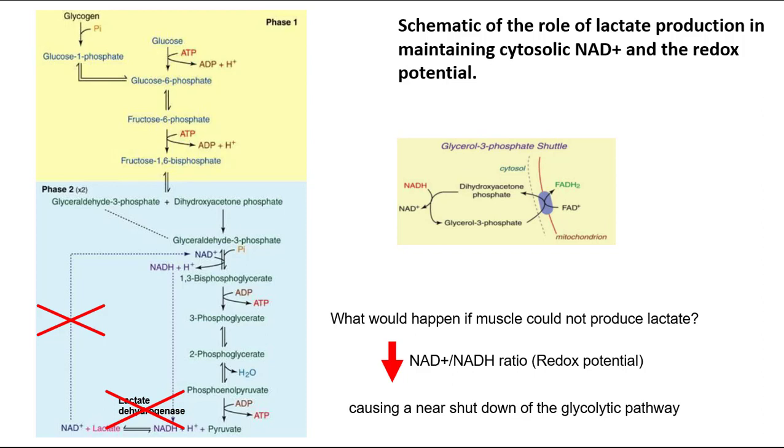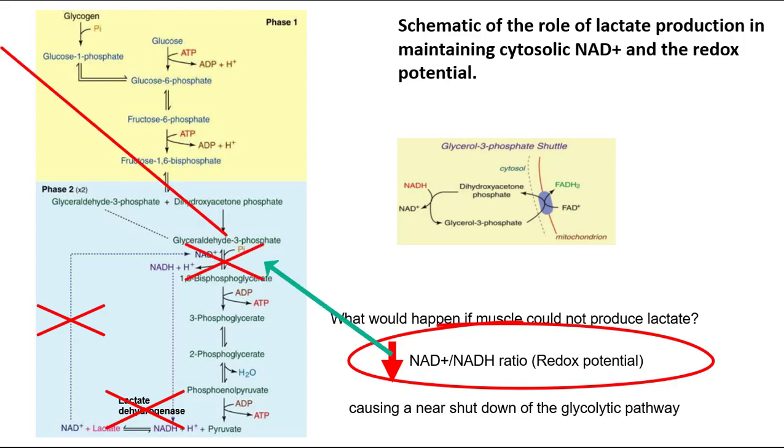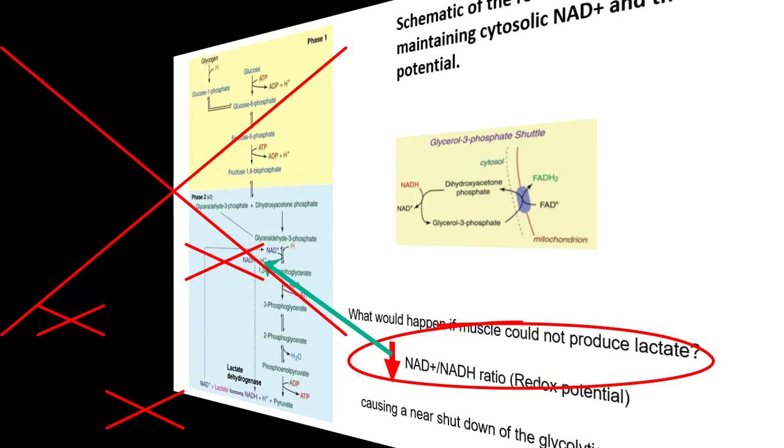This would result in a failing NAD+/NADH ratio, called the redox potential. The main consequence of this would be a decrease in the rate of the glyceraldehyde 3-phosphate dehydrogenase reaction, causing a near shutdown of the glycolytic pathway.